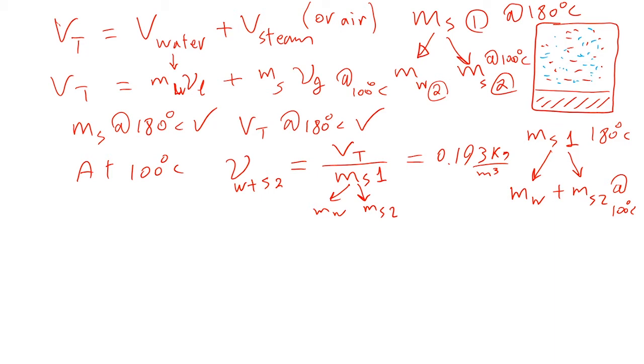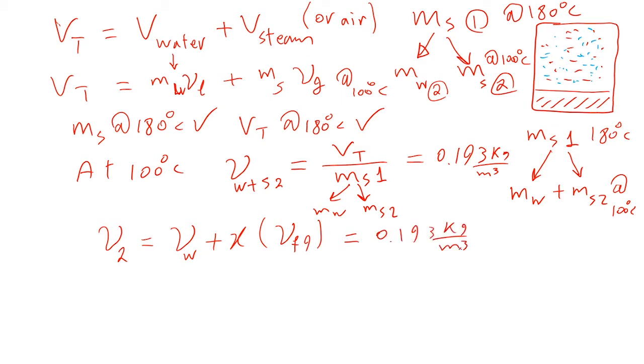From thermodynamics, we learned how to calculate the specific volume for a mixture which contains water and steam. So the specific volume at case 2 will equal the specific volume of water plus x multiplied by the specific volume of mixture vfg. So this we calculated already is 0.19.